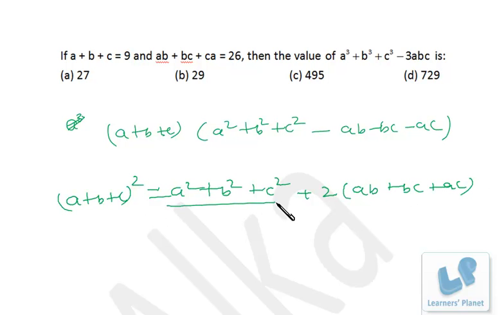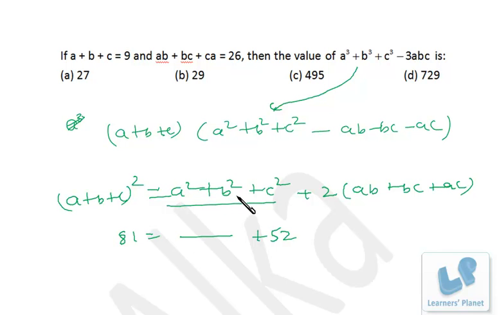So from this I'll be calculating this, and after calculating this I'll put the same over here, right? So this is actually a cube plus b cube plus c cube minus 3abc, this entire expression that I have already discussed, right? Now a plus b plus c whole square, that's 81. I want this, so minus 2 times ab plus bc plus ac, which is 26, so 26 into 2, 52, right?